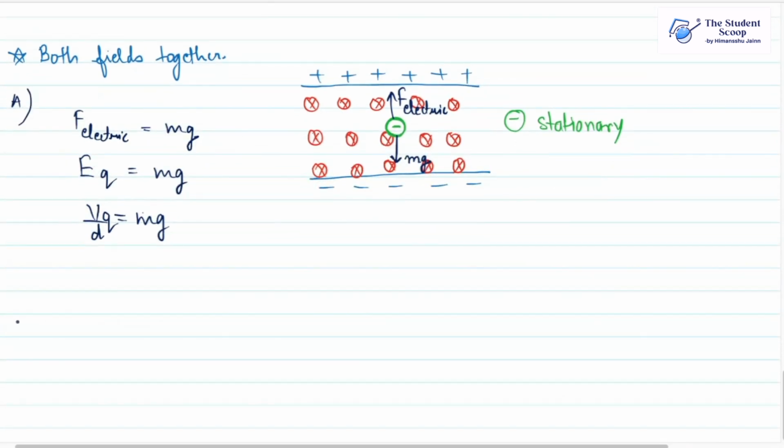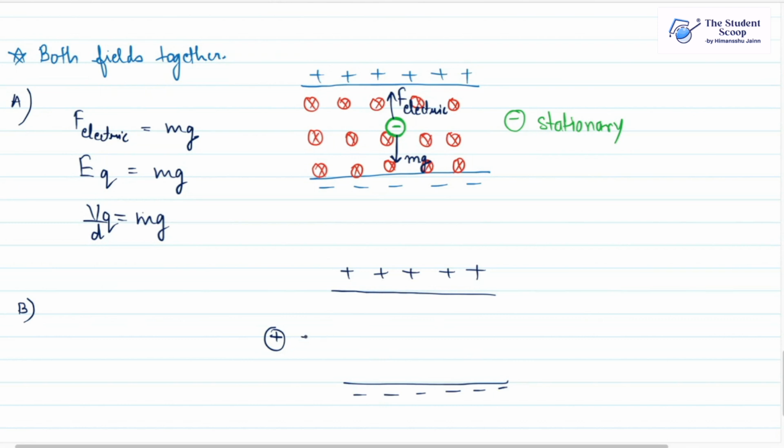In the second case, the question can ask you as follows: we have a parallel plate here. The top end is, let's say, positively charged. The bottom end is negatively charged. I have a positive charge here, and this positive charge is moving at a constant speed without any change in direction. Again, it means forces must be balanced, which means the net force must be zero.